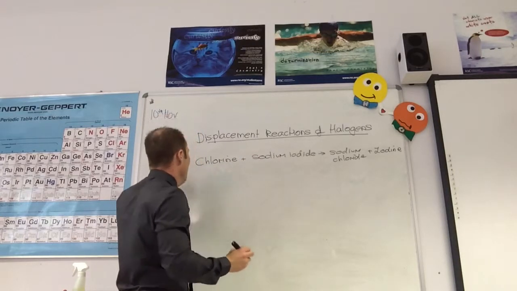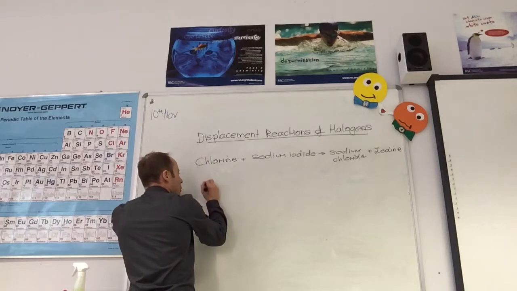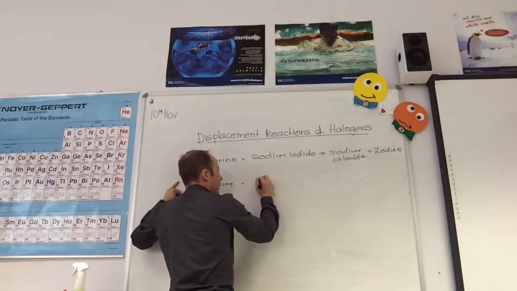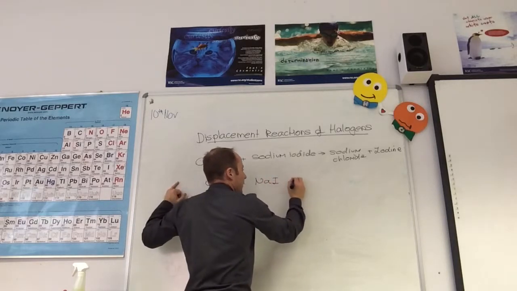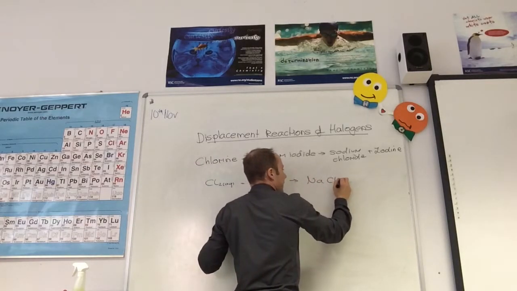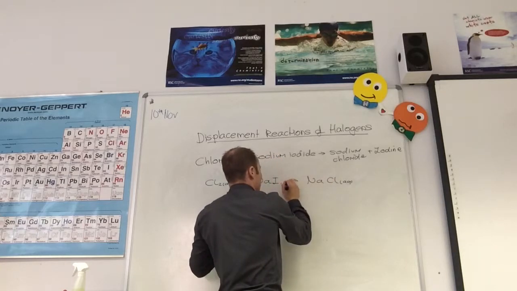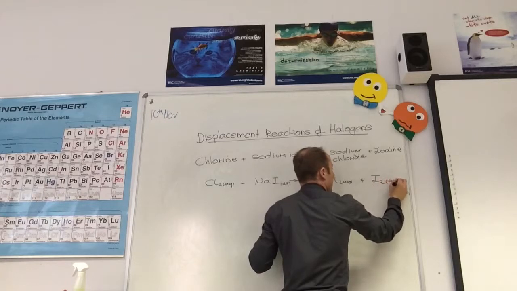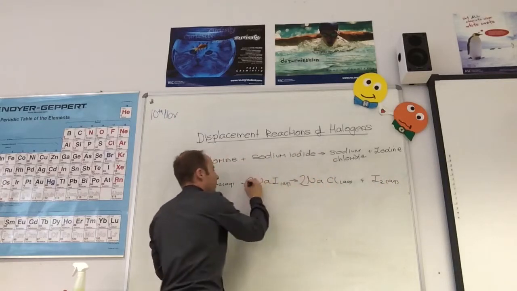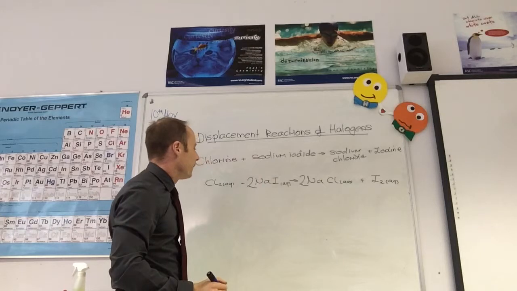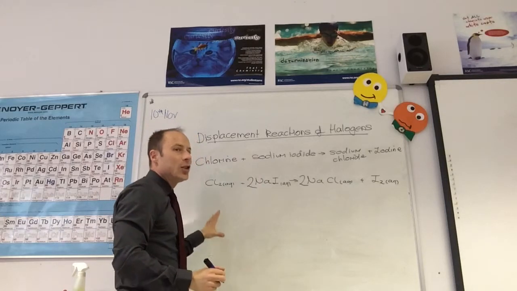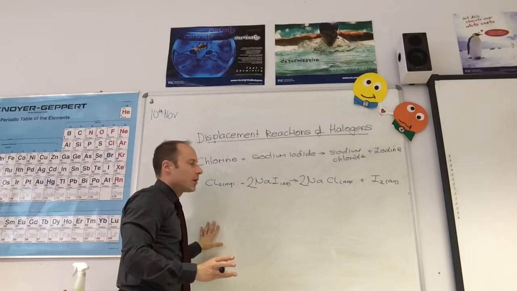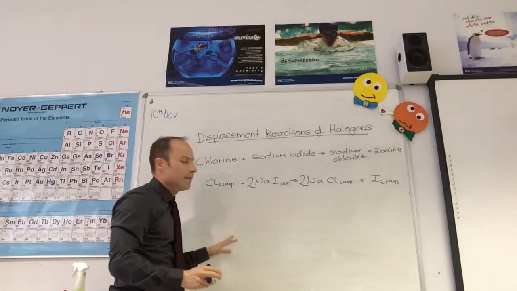Let's try and quickly do the symbols. Chlorine we know is Cl2, aqueous. Sodium iodide, NaI, gives me NaCl, aqueous, don't forget my aqueous, plus I2, aqueous. And let's have a couple of those in there as well. We can do our oxidation numbers as normal. What I want to focus on is the colour changes.